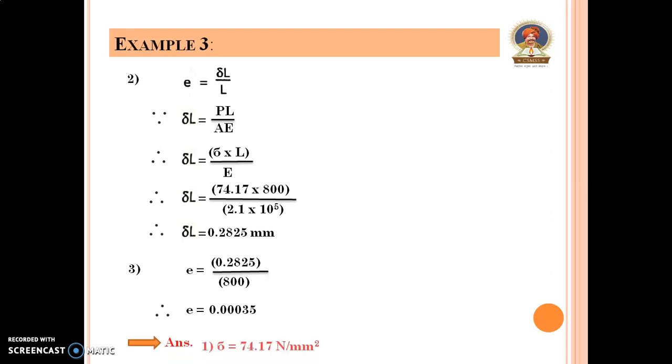Stress is equal to 74.17 Newton per mm square. Delta L is equal to 0.2825 mm and strain is equal to 0.00035. Thank you.